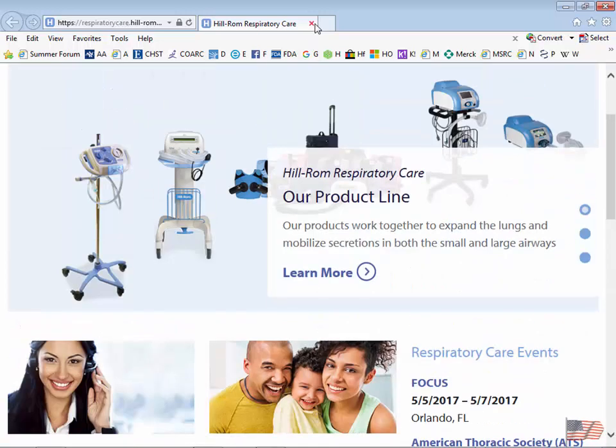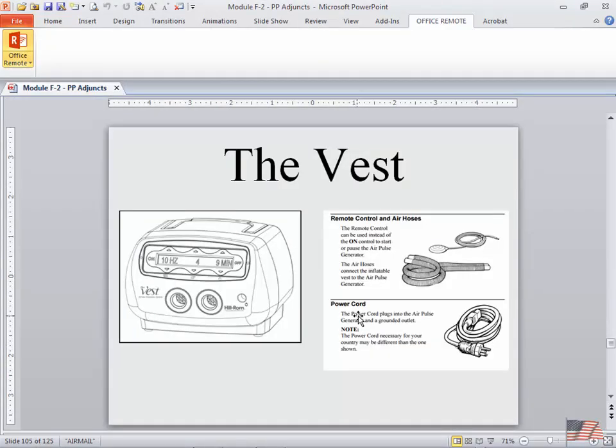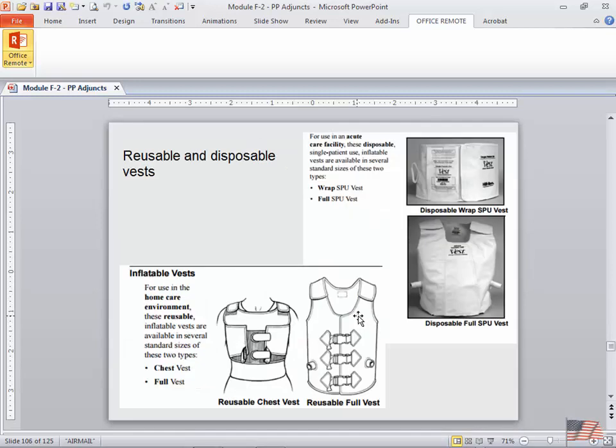It's called the vest, and it basically is a device that causes an oscillatory pressure applied to the external portions of the chest wall, causing vibrations, secretion mobilization, relief of atelectasis. Same story. And you can see there's different size vests that you end up having.